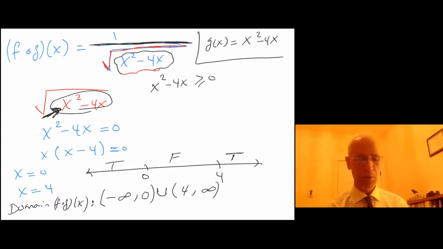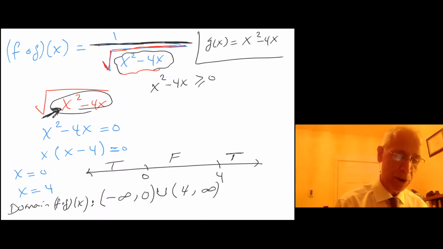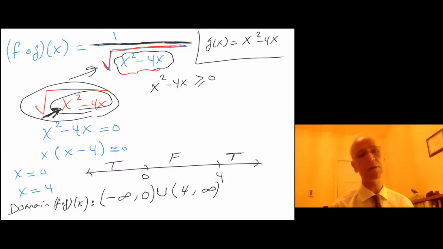That's true, but because all this happens to be in the denominator, I cannot have a 0 in the denominator. So the domain of f of g of x is negative infinity to 0, union, or together with, from 4 to positive infinity.